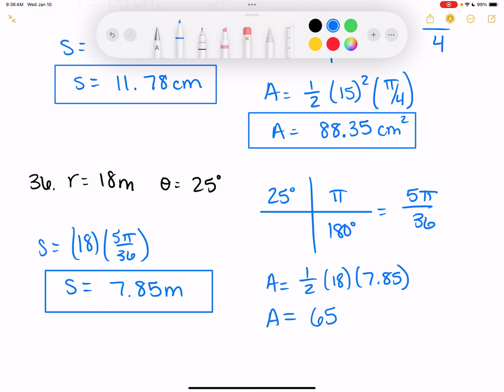What did you get? 65.57. Okay, that's what the book had. That's why I was asking. Is that what you said, Maya? Yes. Emma?